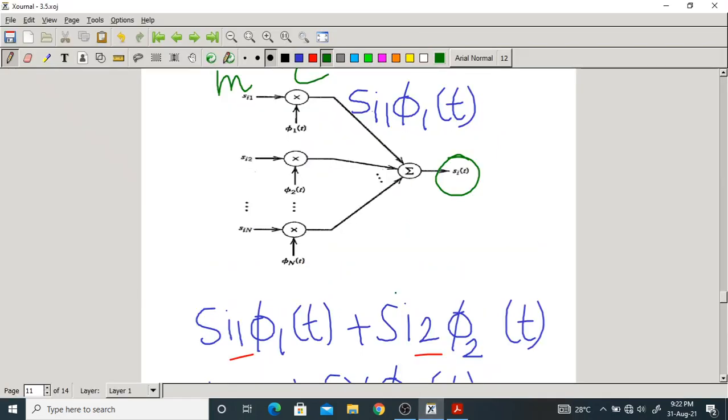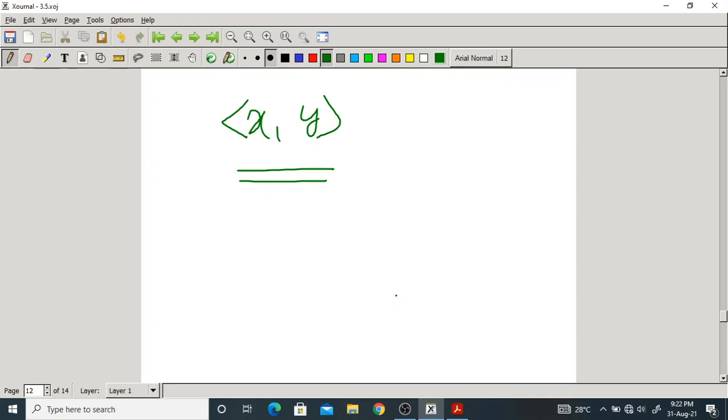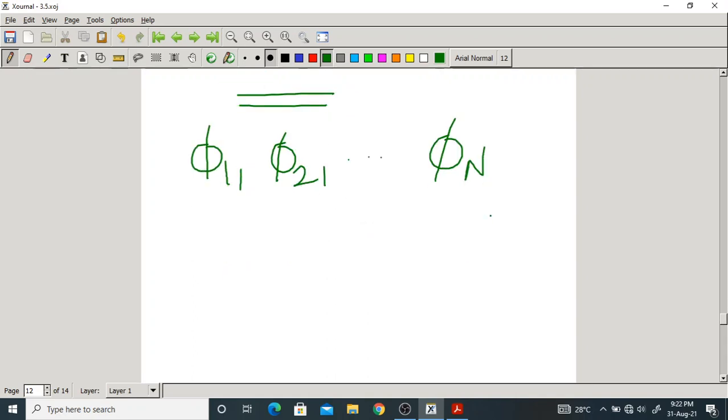Now, what I want to say is, all these basis functions, phi1, phi2, and so on up to phi n, are orthonormal, which means they are orthogonal with respect to each other. phi1 of t is orthogonal to the remaining basis functions, phi2 of t is orthogonal to the remaining basis functions. So each and every basis function is orthogonal to the remaining basis functions.